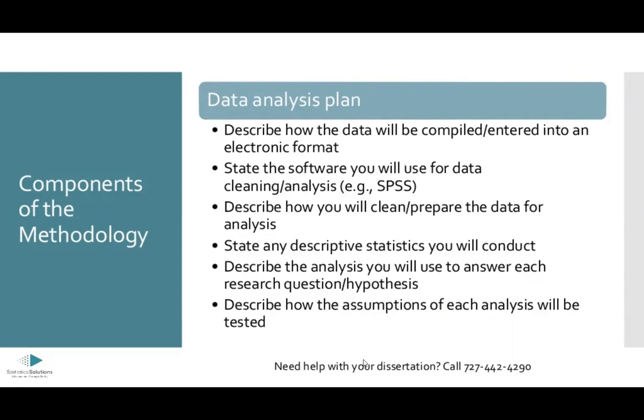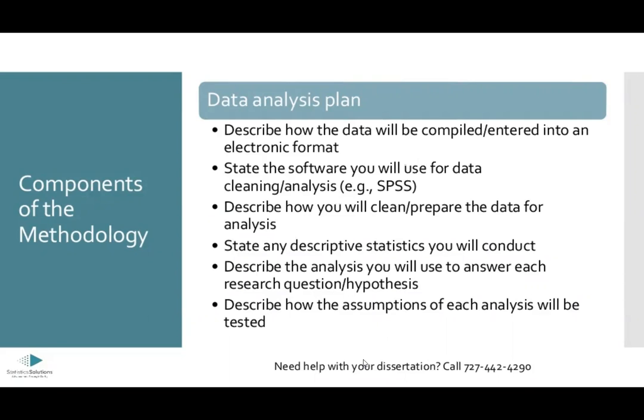Next, you will talk about the descriptives that you will do. For your variables, your categorical and your continuous variables, for the continuous variables, you'll be taking the mean, the standard deviation. You might be looking at the minimum and the maximum values.